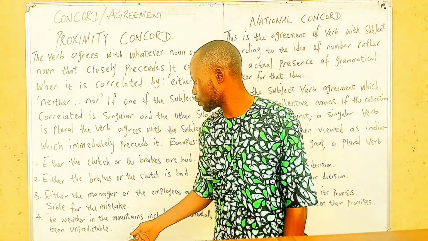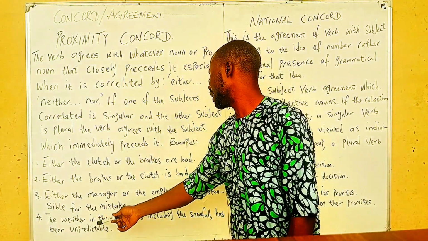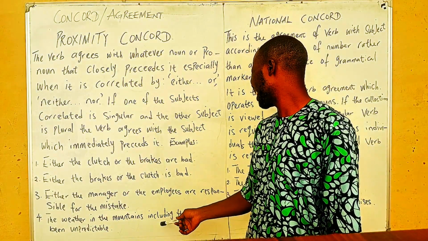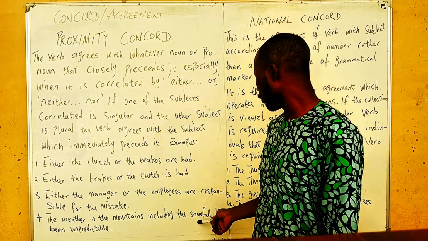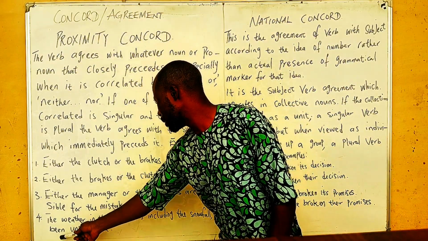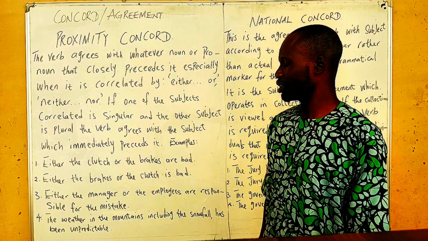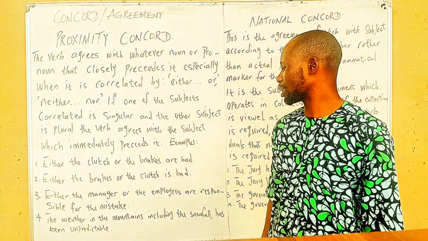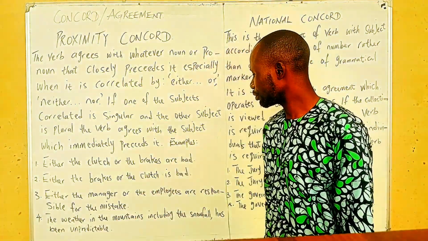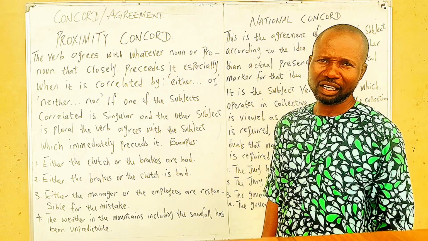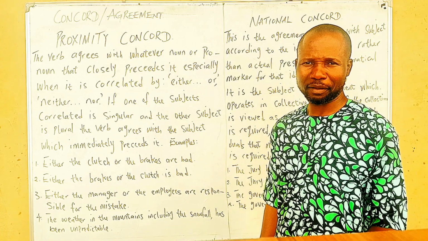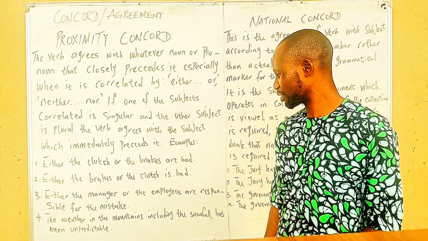Then the last example here is: the weather in the mountains, including the snowfall, has been unpredictable. In this one, weather is singular because we can't say weathers.